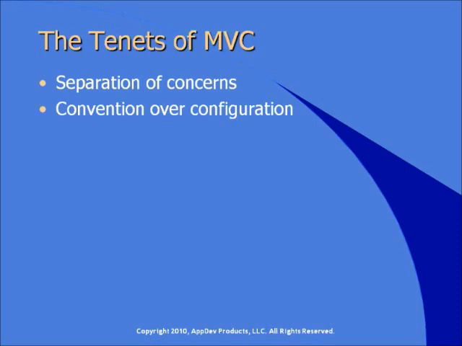For example, an MVC project has separate folders for controllers, views, and models, conventional locations to locate the code files that implement those different components. By keeping those components in the conventional folders, you don't have to make extensive configuration changes. And you'll see that throughout this course, where you see how clean the code can be, because when you follow convention, you don't have to do a lot of configuration or specify paths and so forth.